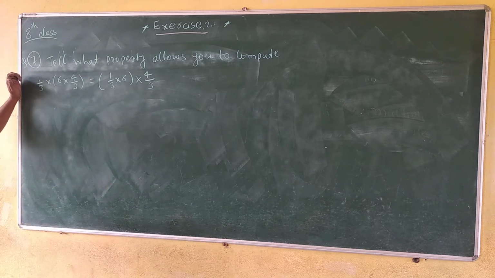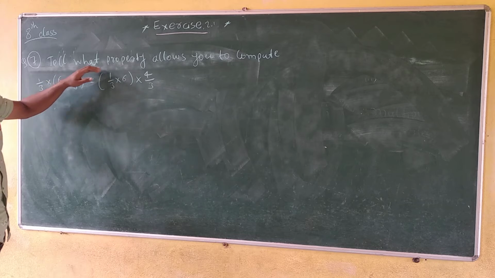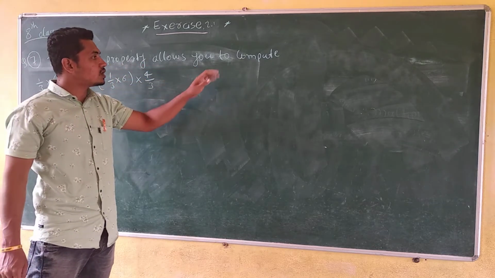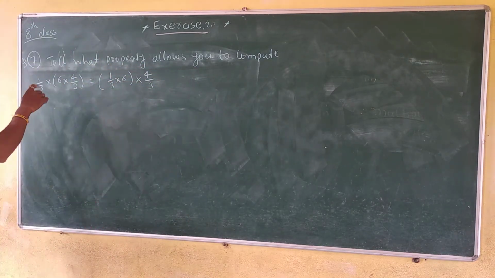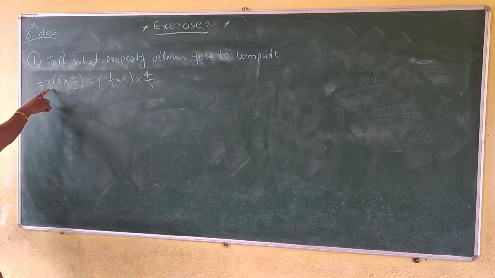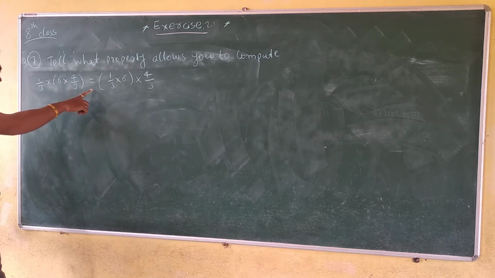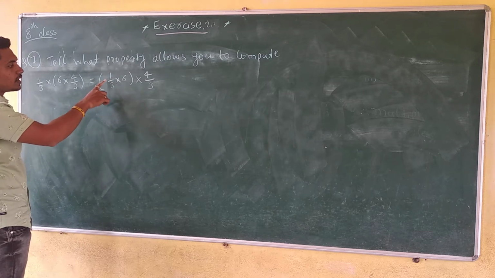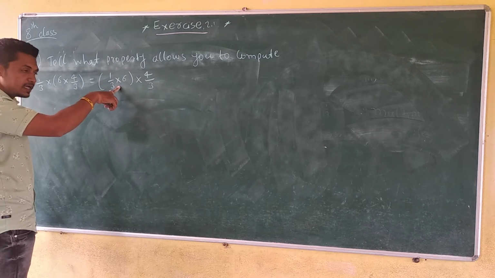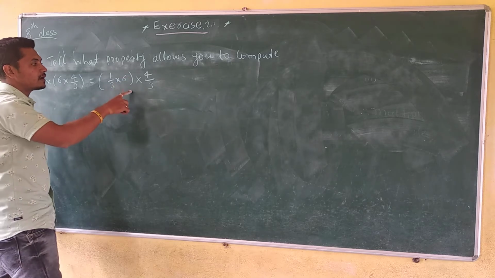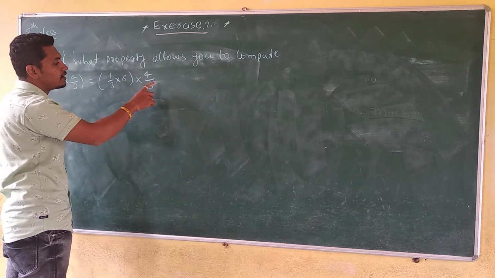Now move towards question number 7: Tell what property allows you to compute 1 divided by 3 into (6 divided by 4 divided by 3) is equal to (1 divided by 3 into 6) into 4 divided by 3.